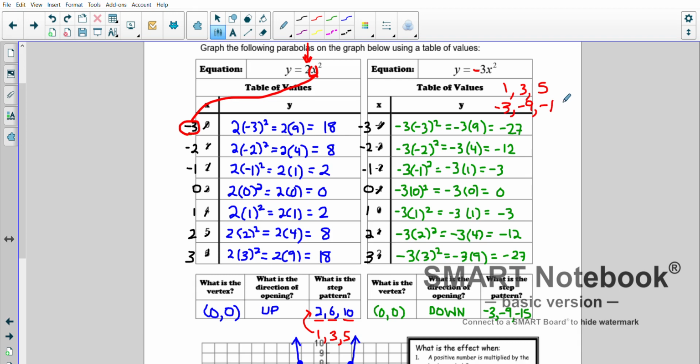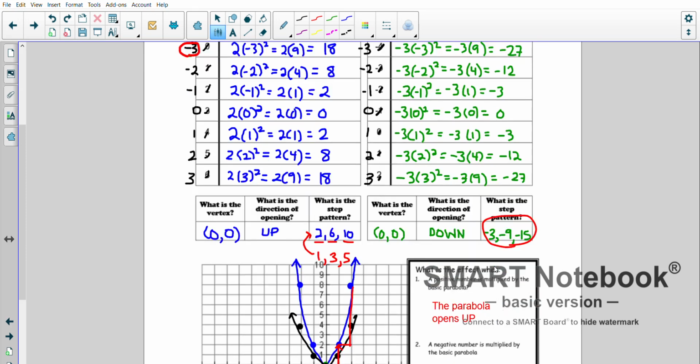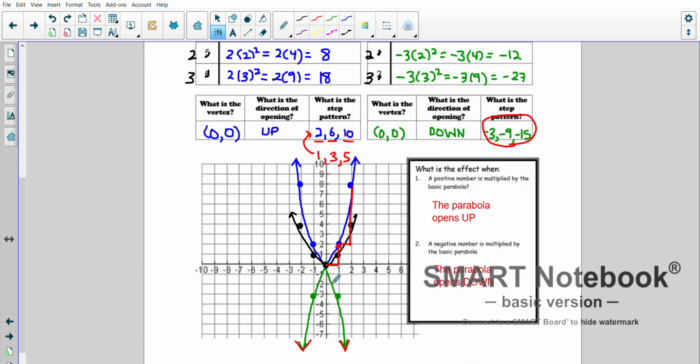And this does work out to be the new step pattern. So if I know that the vertex is here, to get to the next point, look what I do. The negative indicates I go down. So I'm going to go over 1, down 3, and we're already off the graph, but to get to the next one, I would have gone over 1, down 9, and then over 1, down 15.